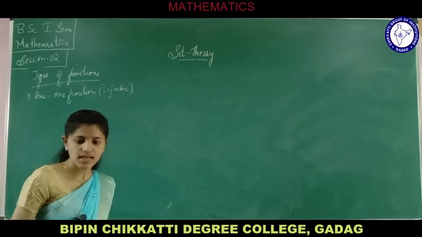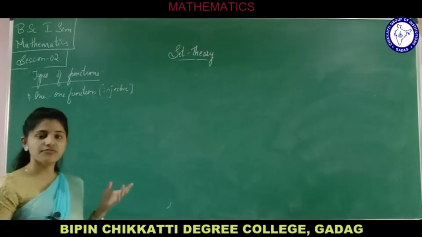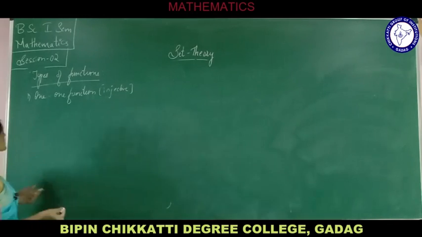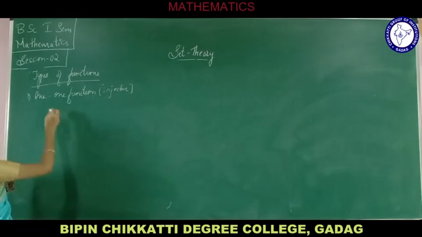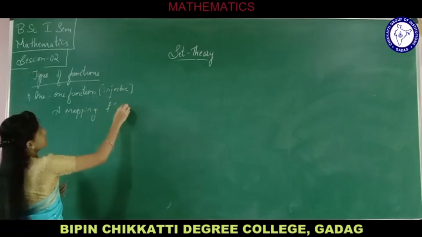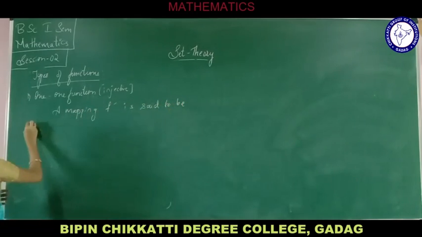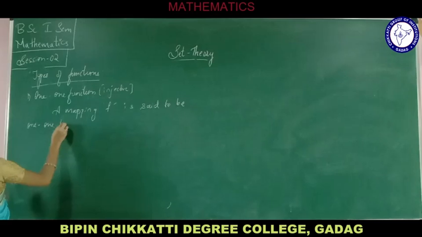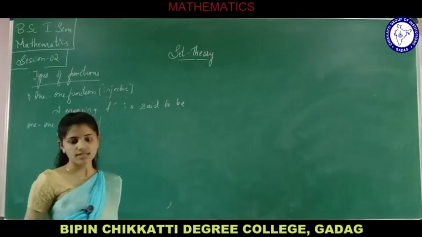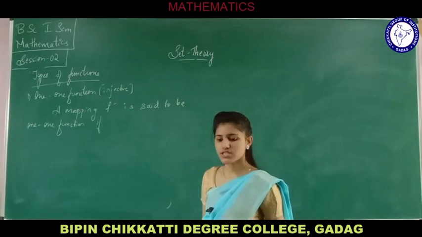We can say that the mapping f is said to be 1-1 if different elements in X have different images in Y. A mapping f is said to be a 1-1 function if different elements in X have different images in Y.